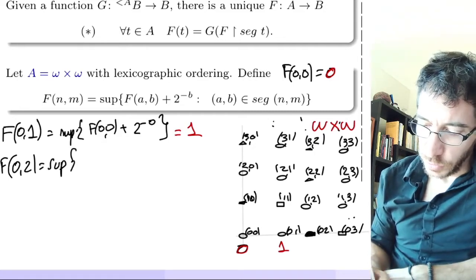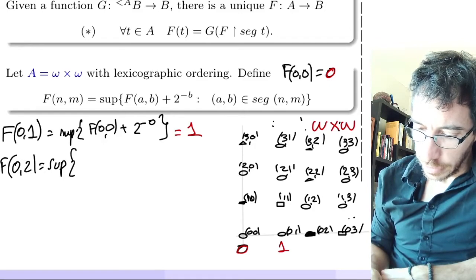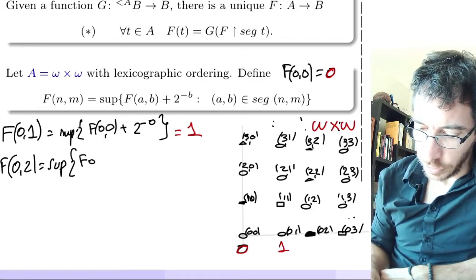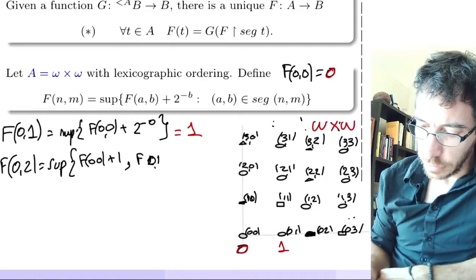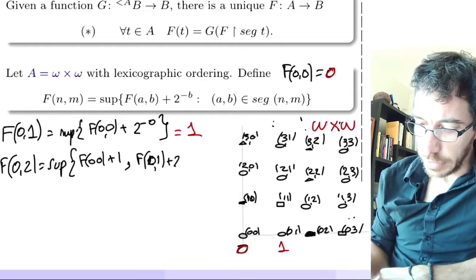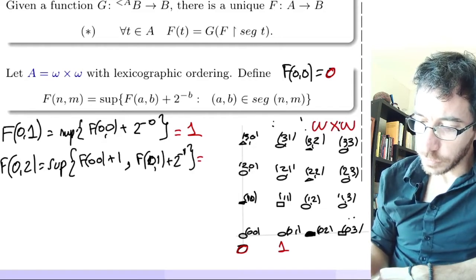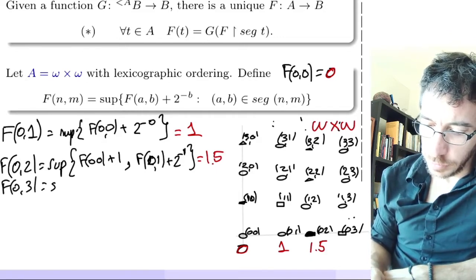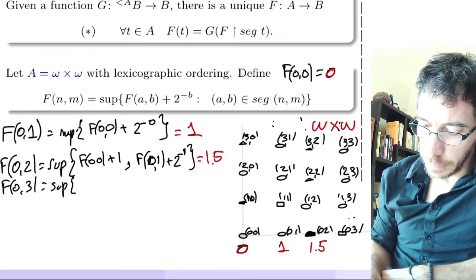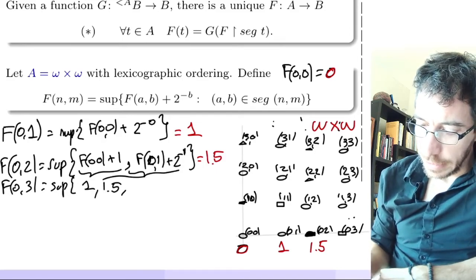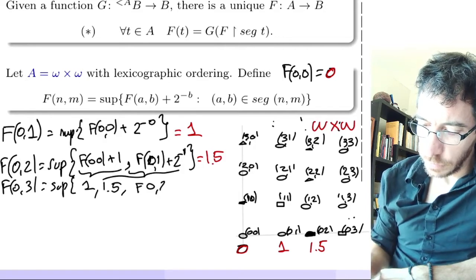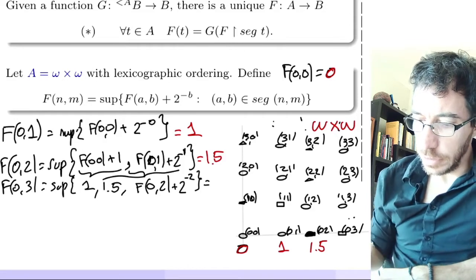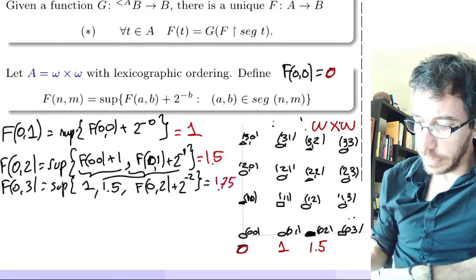So let's just write it down: f of (0,0) plus 1, comma, f of (0,1) plus 1 half, 2 to the minus 1, which is equal to 1.5. f of (0,3) is the supremum now of this guy, f of (0,2) plus 2 to the minus 2, which is equal now to 1.75.